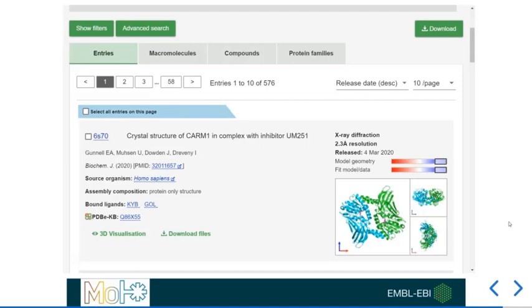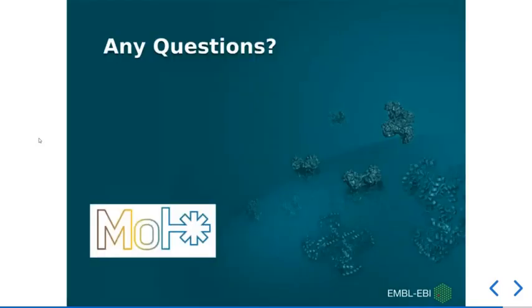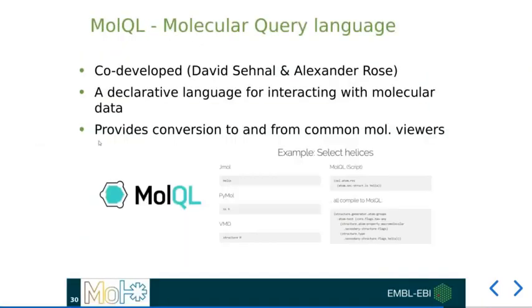Another question this afternoon is, how easy is it to port Jmol scripts? I believe this might be a question from Mandar, but in principle it should be quite simple. So this MolQL language has a translator, which should help to convert existing scripts into ones which are parsable by Molstar.